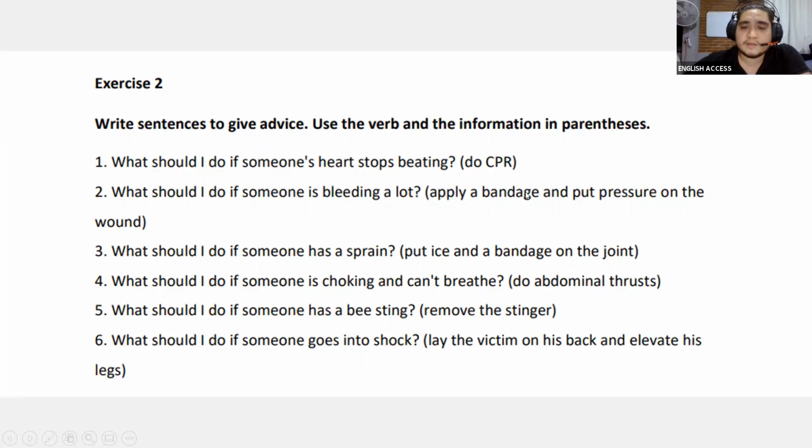We have six questions and six recommendations. We have to write a model to give this advice. So for example, the first one: what should I do if someone's heart stops beating? Which one would you use? Should, ought to, or had better?